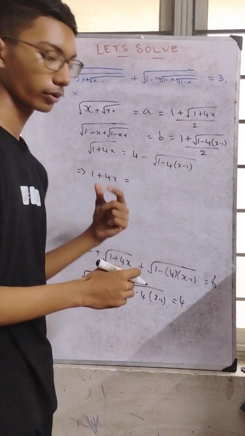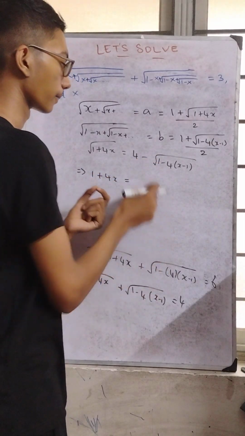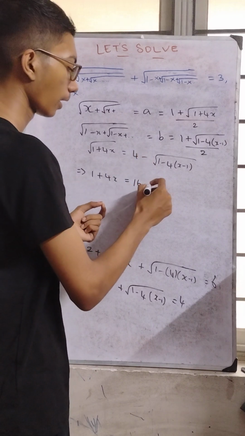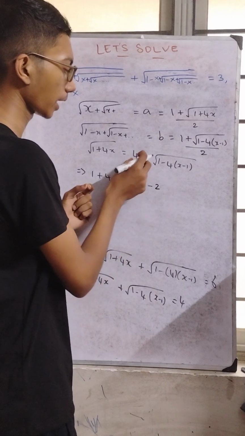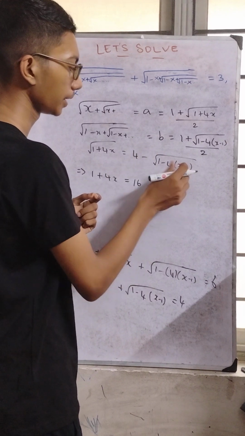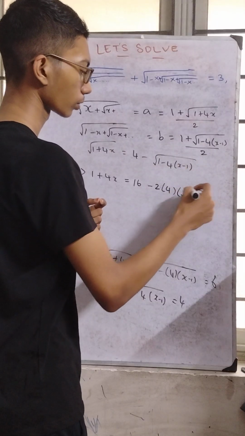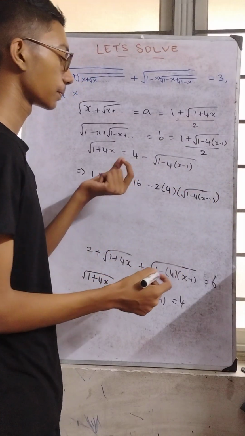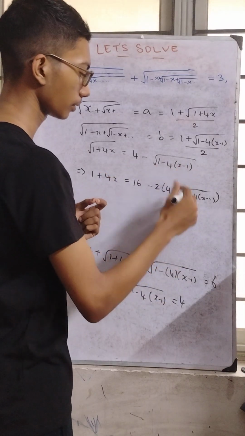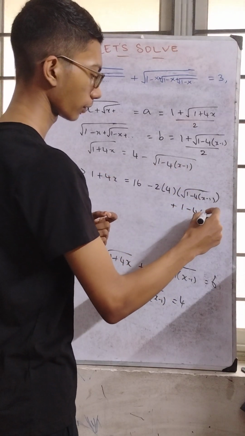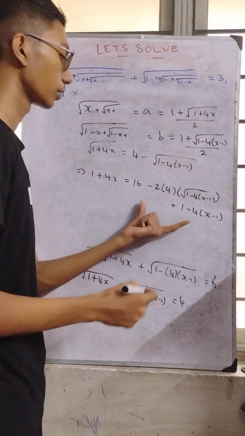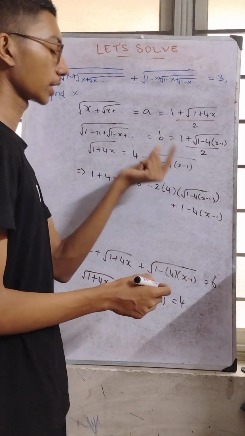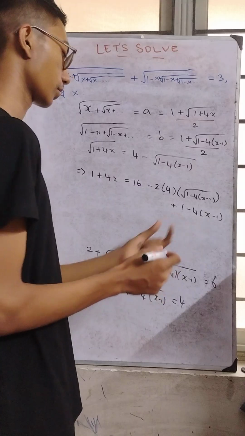So a square, which is 4 square, which is 16, minus 2 times of a, b is this one, root 1 minus 4 of x minus 1, plus b square, which is this term, 1 minus 4 of x minus 1. So this square root and the square gets cancelled and we have this term.